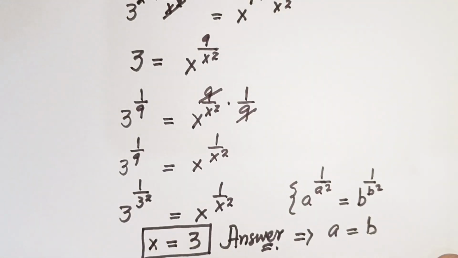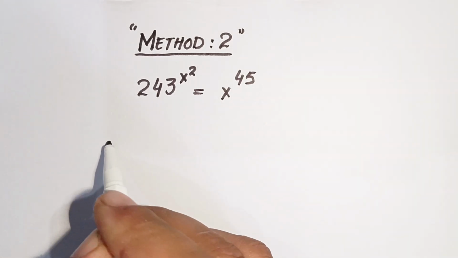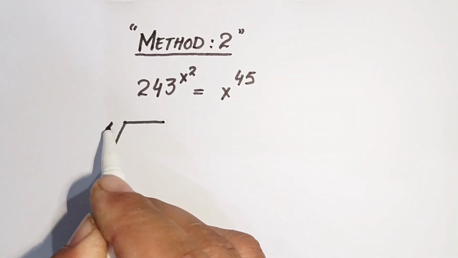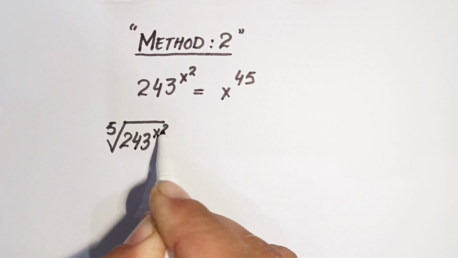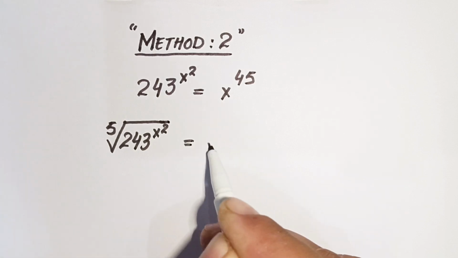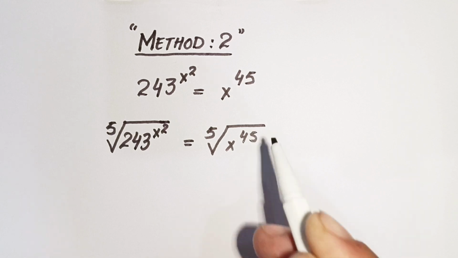Now solving by method number 2. So according to method 2, 243 to the power x squared is equal to x to the power 45. So if we take the fifth root on both hand sides, then we have the fifth root of 243 to the power x squared is equal to the fifth root of x to the power 45.